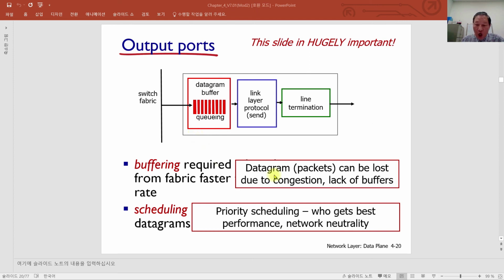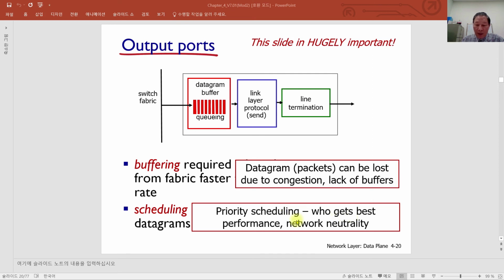Datagram packets can be lost due to congestion and lack of buffers. If there is no buffer, then the datagram will be dropped. If we are using some scheduling scheme among many datagrams to decide which to send first, that is called priority scheduling.